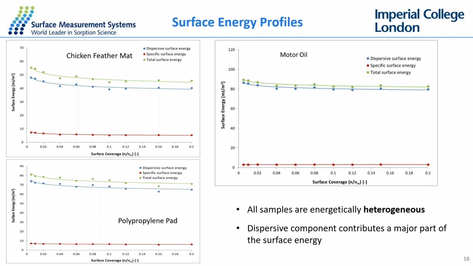In this case, we used hexane, heptane, and octane, and the dead volume was determined by methane. We used the Dorris and Gray method during the analysis, and the dispersive component was determined from the slope of the correlation. The specific contribution is also obtained by the IGC by measuring the retention volume of polar probe molecules on the sample.